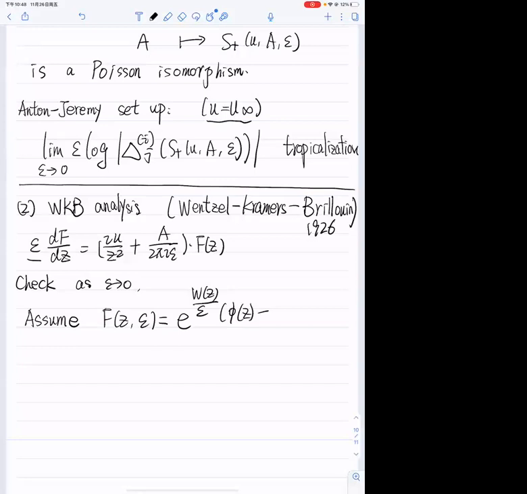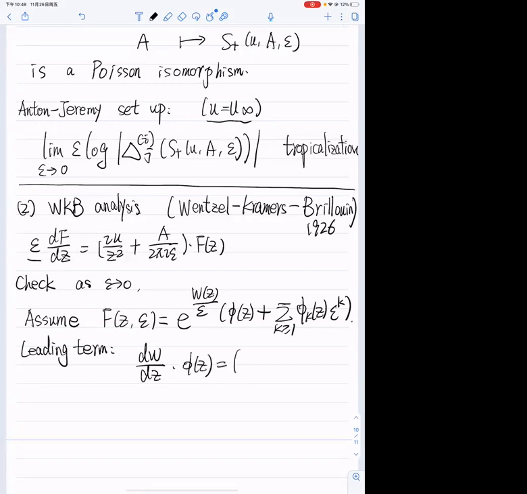And we try to solve it in a perturbative, power series way, so that we have phi_k(z) times epsilon to the power k. Then plugging in and comparing the leading coefficients, we get such an expression, which is nothing but the eigenvalue equation times phi(z).